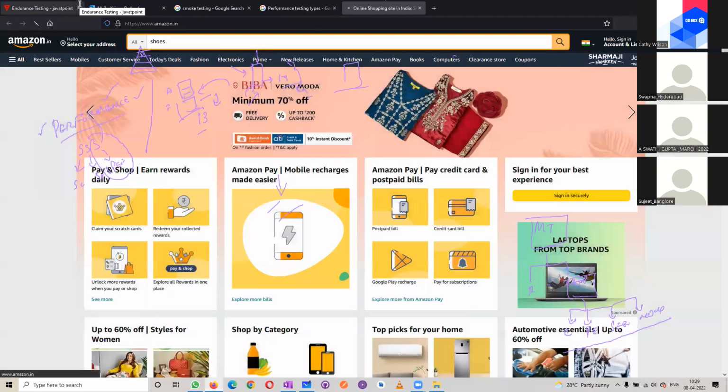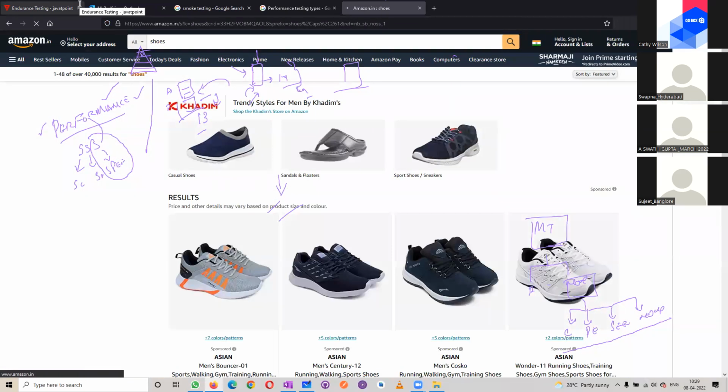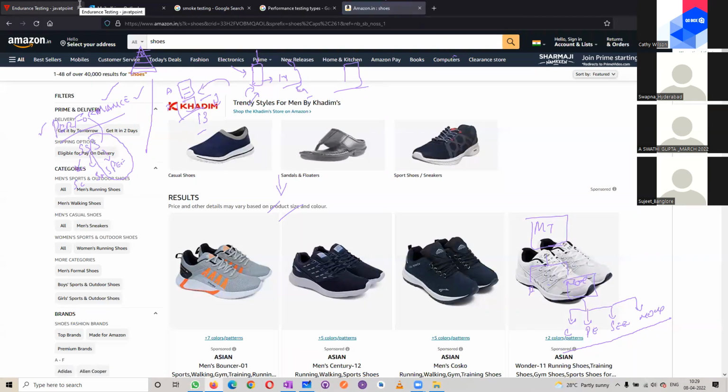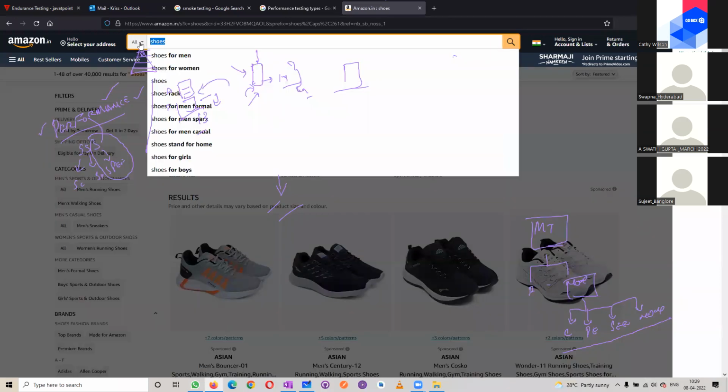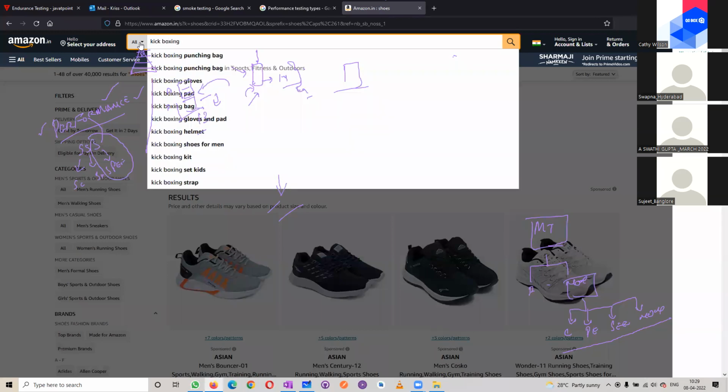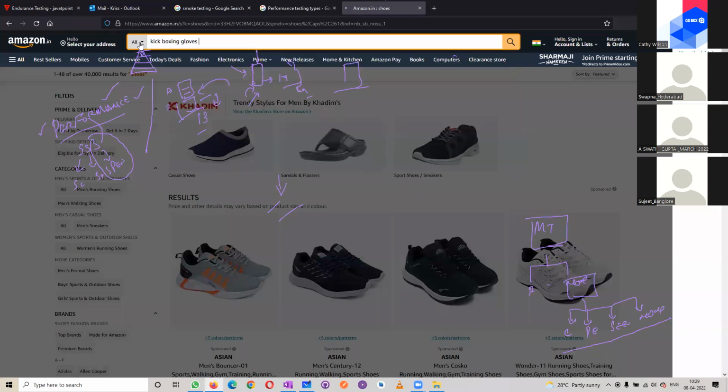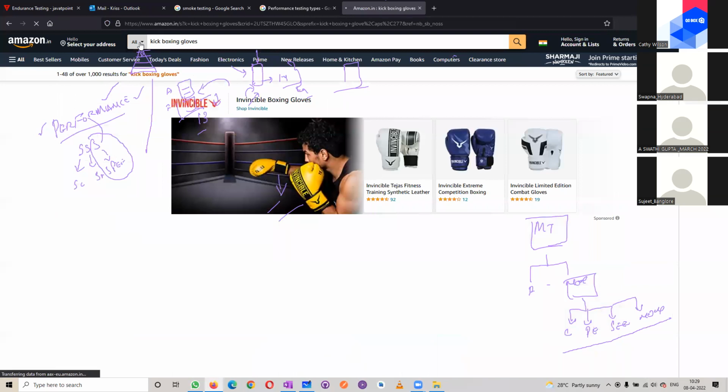Now when I clicked it, see how fast it was able to present the results to me, within a fraction of seconds. See how fast it was presenting it to me.